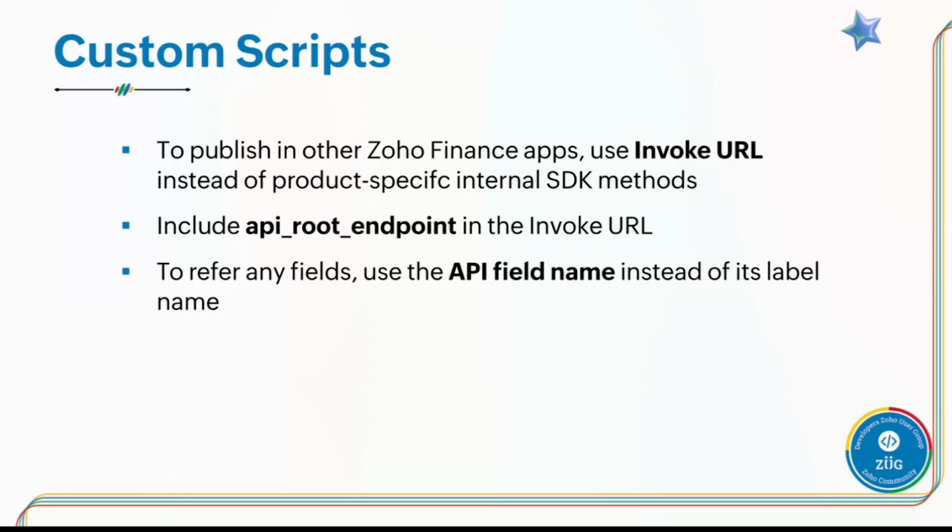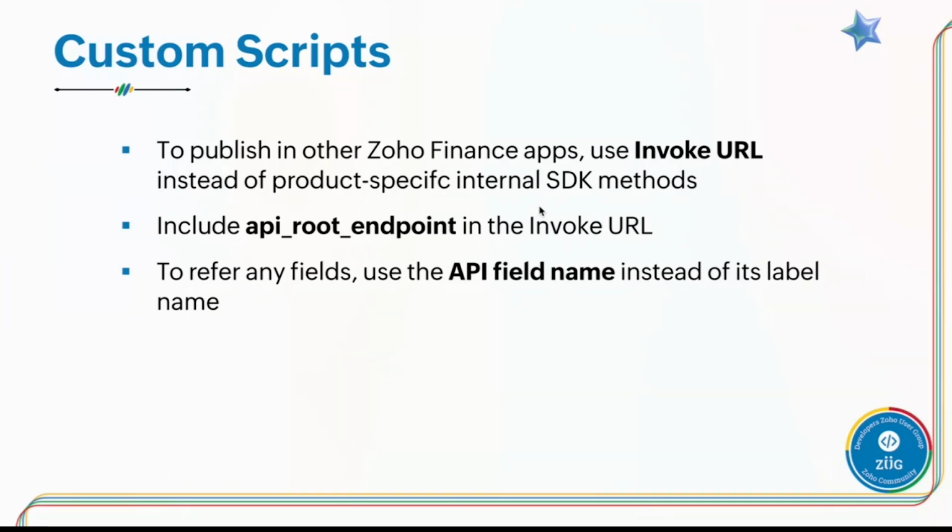If you create an extension for Zoho Books, and the same extension will be used for other services as well, like Zoho Inventory or Zoho Billing, you can do so by using invoke URL in your customization instead of the SDK method specific to the particular product.